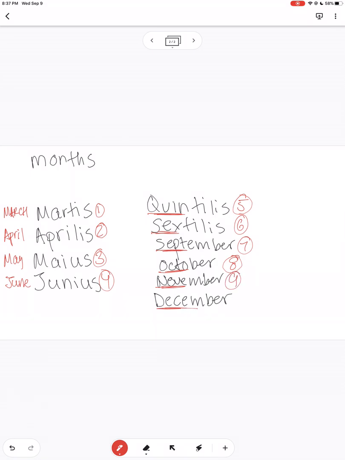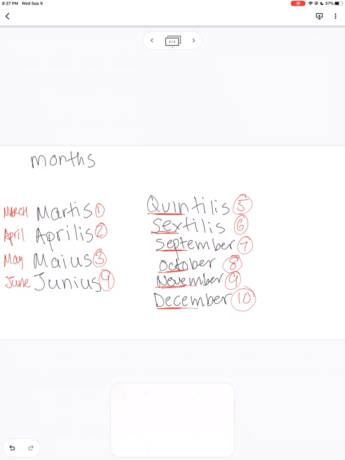And Decem means 10. So that is why September, October, November, and December have those numbers in them, even though they are no longer the 7th, 8th, 9th, and 10th months in the year for us. But for the Romans, they were.